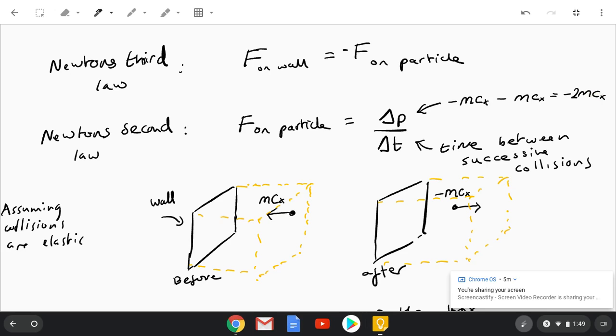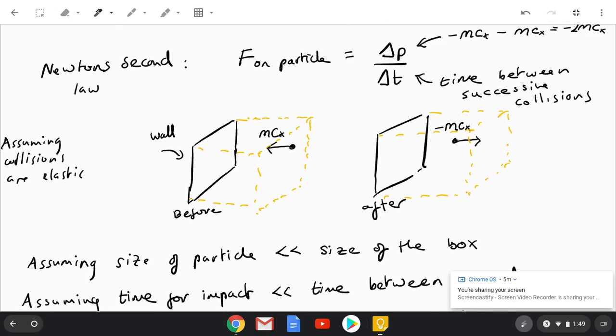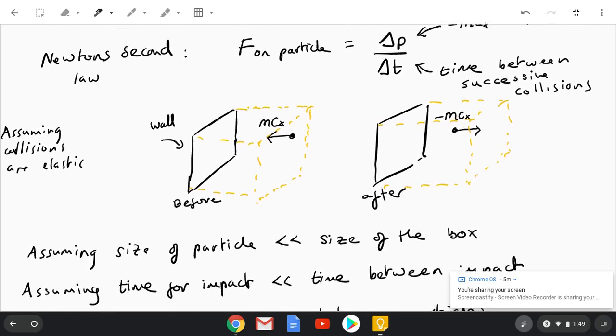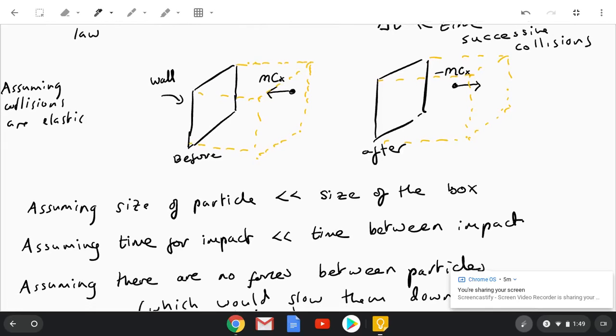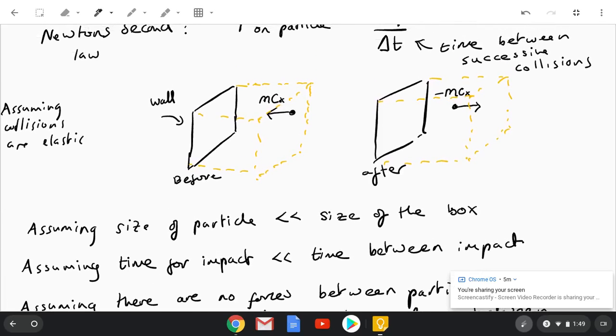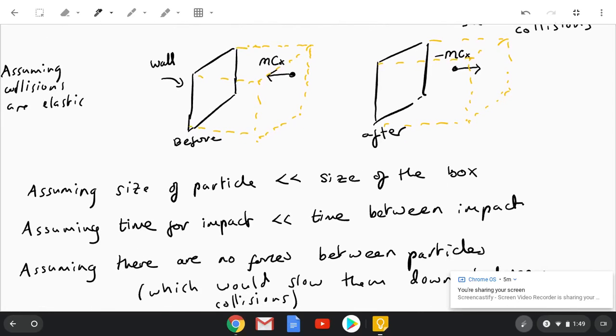Now, for the time between impacts, this is where we introduce more assumptions. The first is assuming the size of the particle is much smaller than the size of the box, so it is tiny compared to the box.